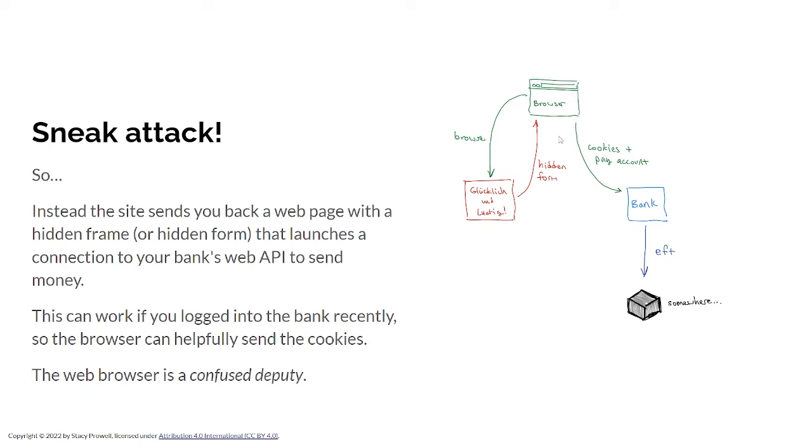What happened? The web browser became a confused deputy. The web browser has your credentials for the bank in the form of the cookies you got during the logging in, and it saw the form, which executed and said, oh, you must want to do this, and did it.